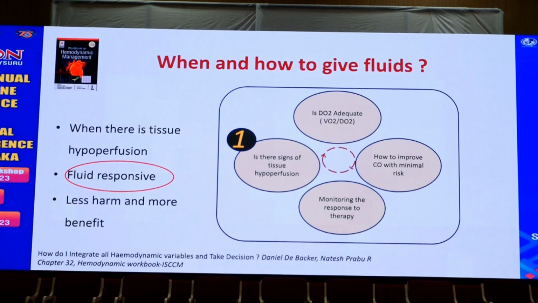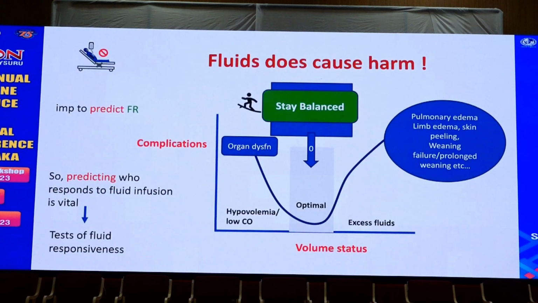So to answer this question, first thing is the patient should have signs of shock, number 1. And he should be responding to fluids, and there should be safety. How to know if the patient is going to be fluid responsive or not? If without judging it, you just transfuse fluids, what will happen? We will land up in complications without any benefit. So staying balanced is easy to tell, but it's very, very difficult to achieve.